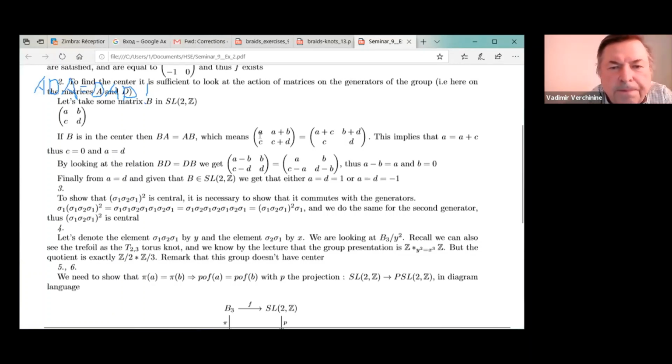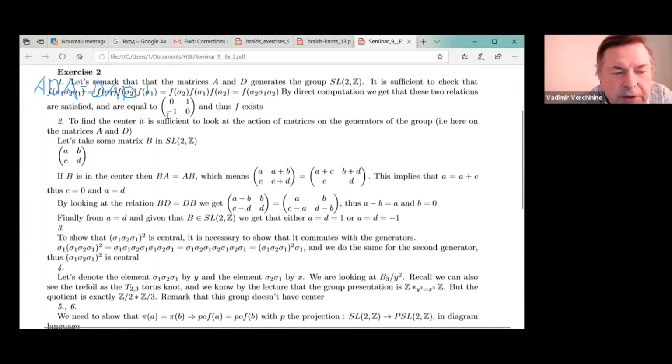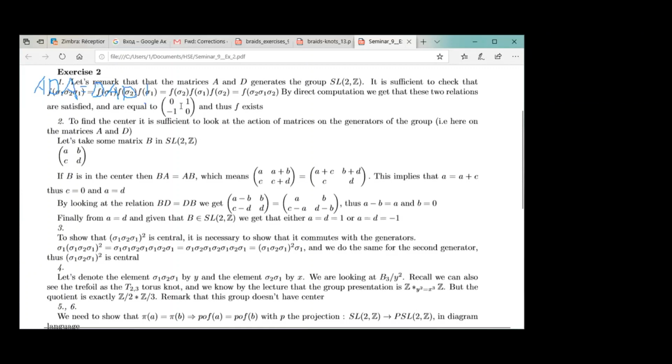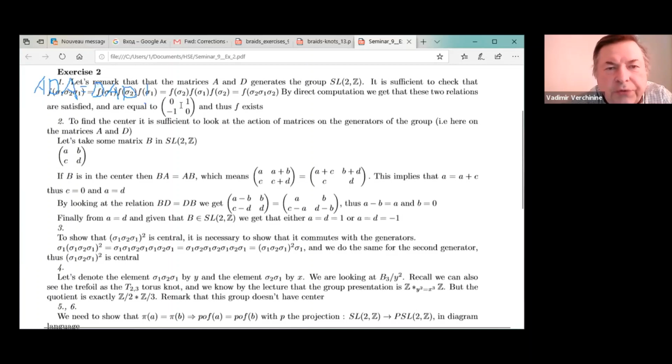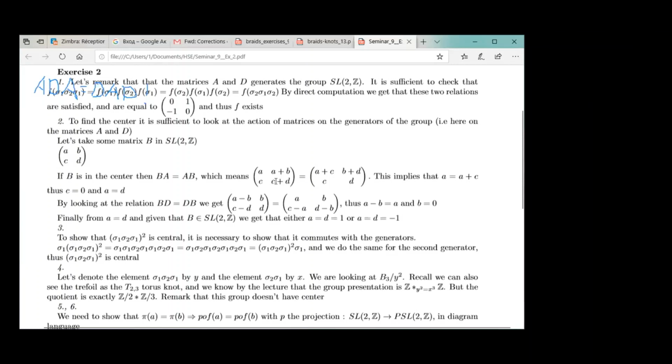you can do this simpler, I think, because it's not necessary for the proof. If you know that A and B generate this group, you need to know that the central element commutes with A and commutes with D. So you don't need to... I took A, which is given.